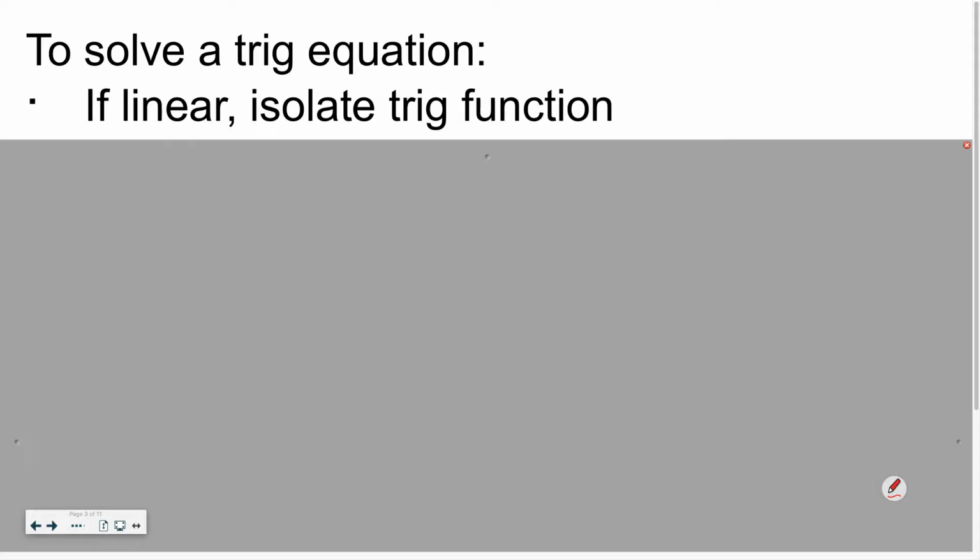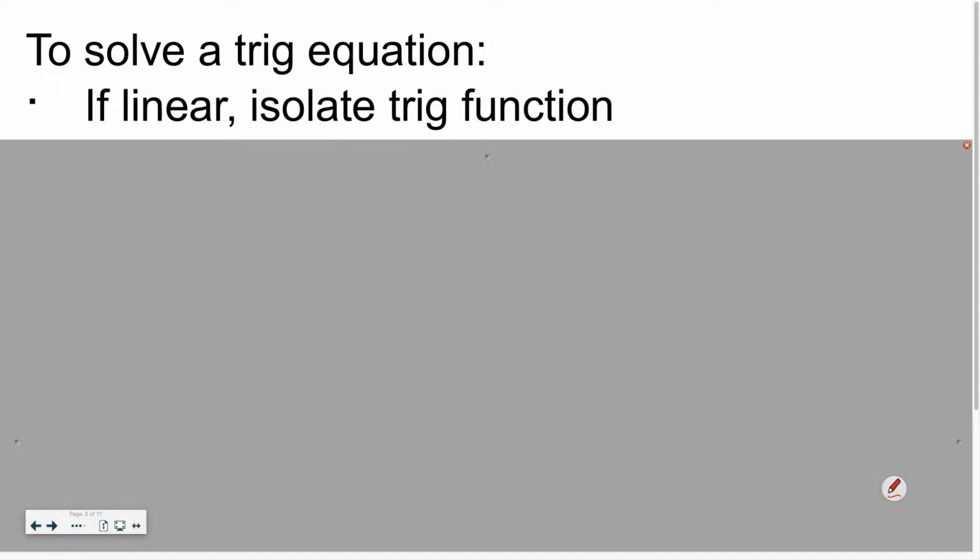What do I mean by linear? A linear equation has a power of 1. So if your trig function is just to the first power, because we've seen trig functions to more than the first power, then you can isolate that trig function to where it looks like sine of x equals 1/2.